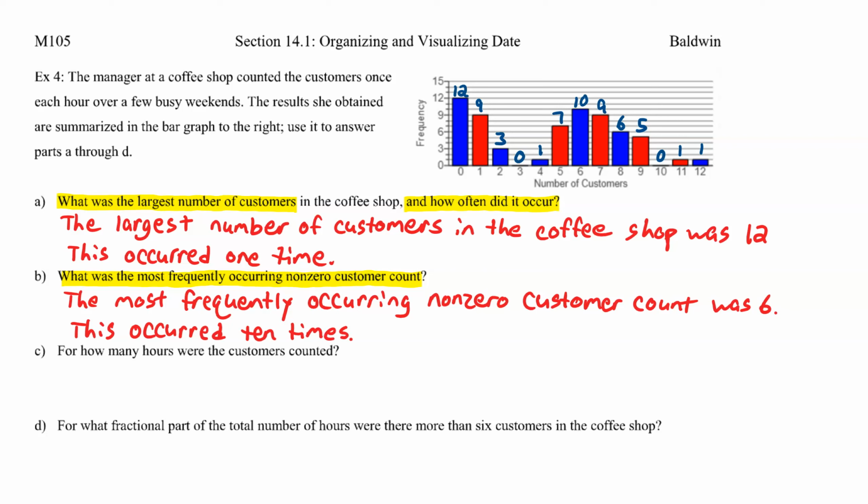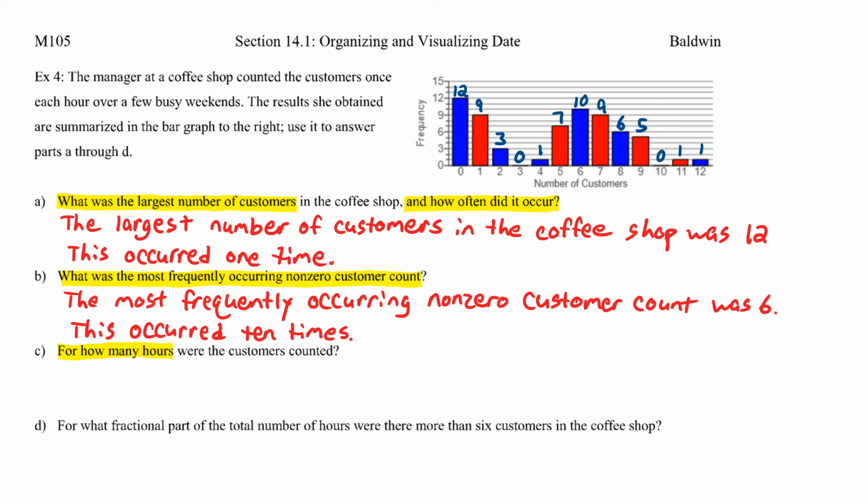Part C, for how many hours were the customers counted? In order to figure out how many hours they were collecting data over the course of these busy weekends, we are going to need to utilize the frequencies, because the frequencies are how many times there was nobody in the store, how many times there were 5 people in the store, how many times there were 12 people in the store.